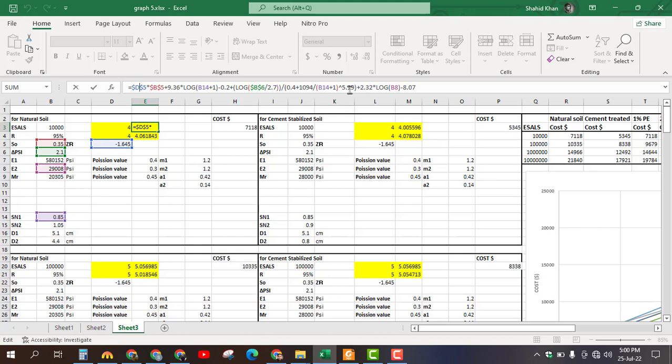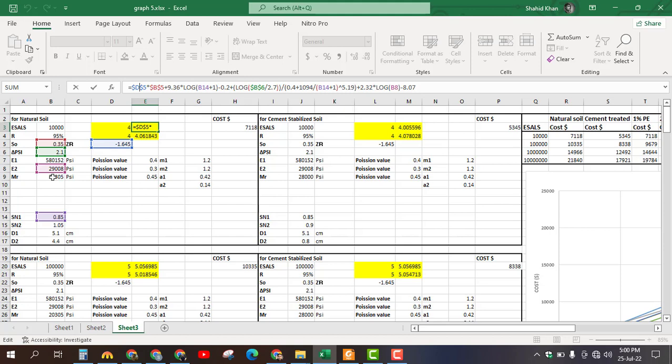So putting this and taking the power 5.19, closing the bracket, and then add 2.32 into log of B8, the resilient modulus. Now look here, I put the resilient modulus, the modulus of stiffness of the second layer, if we calculate the thickness of the first layer. Similarly, if we calculate the thickness of the second layer, we will use the resilient modulus of the third layer, like here.